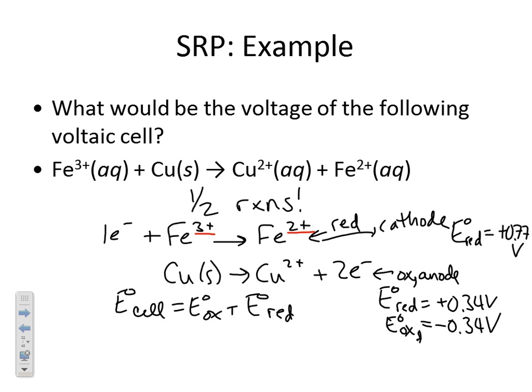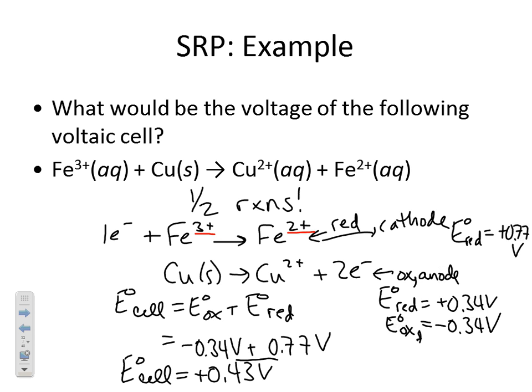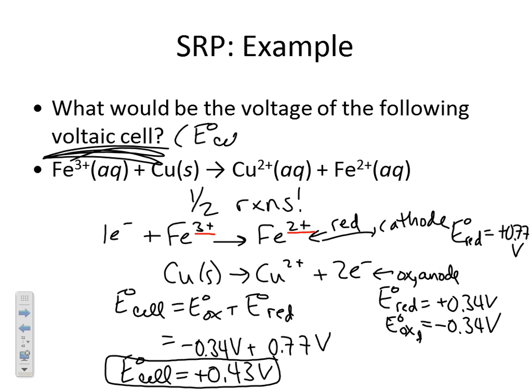So we're going to add together the negative 0.34 volts for the oxidation process and the positive 0.77 volts for the reduction process, and we get an E cell of positive 0.43 volts, which is good because it indicates that it is a spontaneous process, and this is a voltaic cell, so we know that E cell will be positive, which it is.